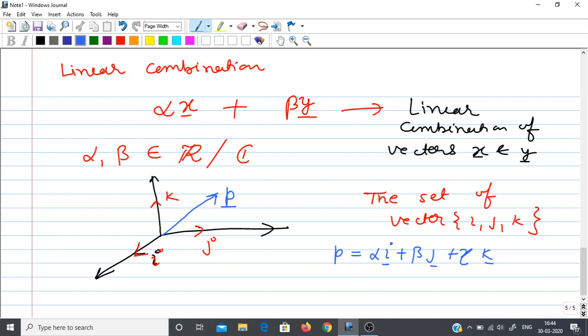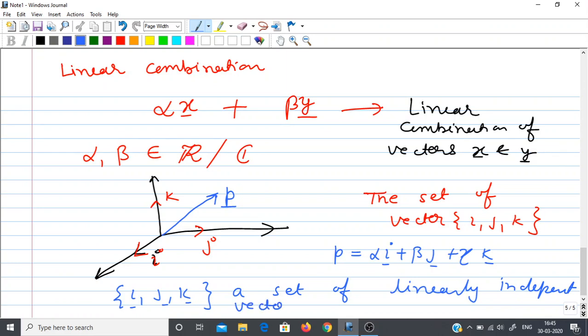So we can see that this set of vectors i, j, k is a set of linearly independent vectors that span the 3D space, three-dimensional space, and therefore I can say that this i, j, k forms a basis for three-dimensional space.